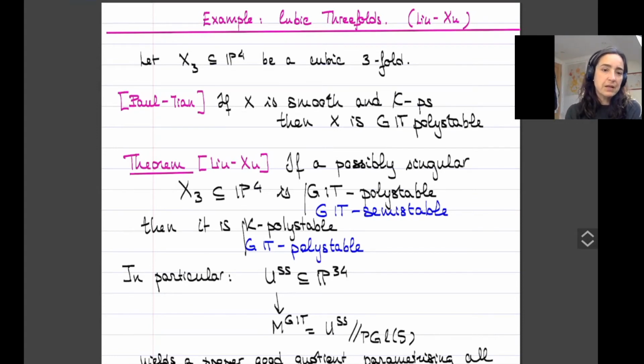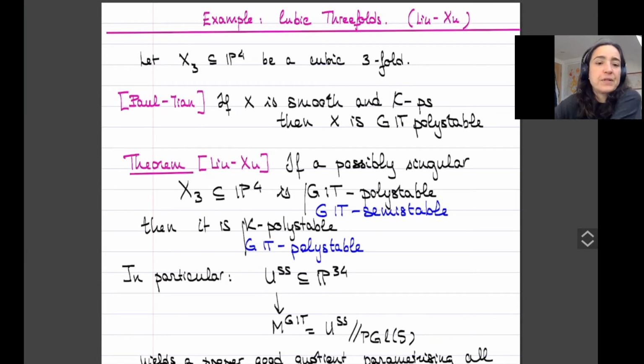So if I consider a cubic threefold X3 in P4, then it's been known for a while, an observation, I think, of Paul and Tian, that if X is smooth and K-polystable, then X is GIT polystable.